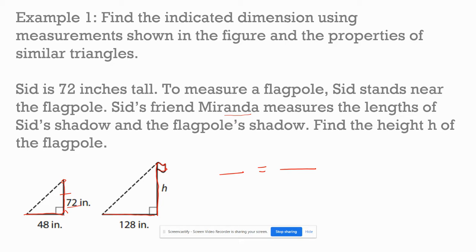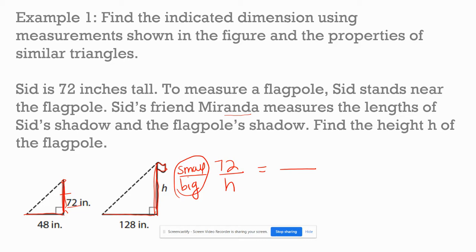Let's say, for example, I want to compare 72, which was the height of this triangle, to the height of the flagpole. I randomly selected to start with 72, but what's important is that I decided to put the smaller triangle on top and the bigger triangle on bottom. However I decide to write it, I have to stay consistent.